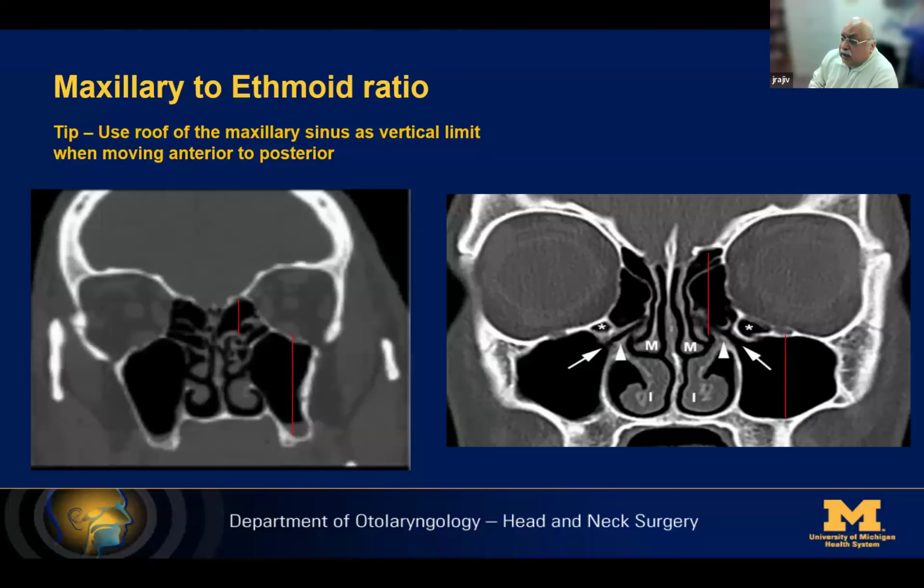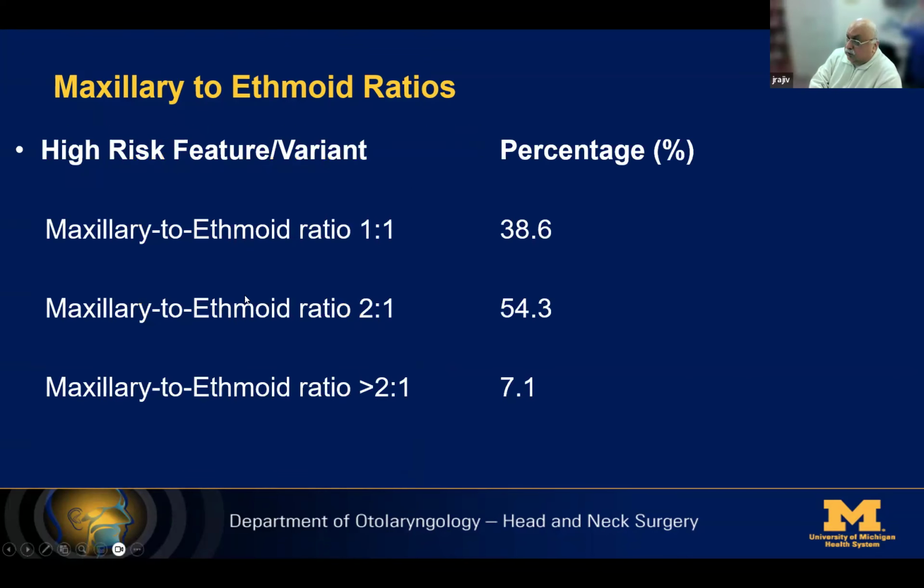One of the other parameters which is also measured is the relative height of the maxillary sinus and the ethmoid sinus. This maxillary to ethmoid ratio is important because it will tell the surgeon what the risks are for doing any damage to the medial wall of the orbit as well as the anterior cranial fossa floor.